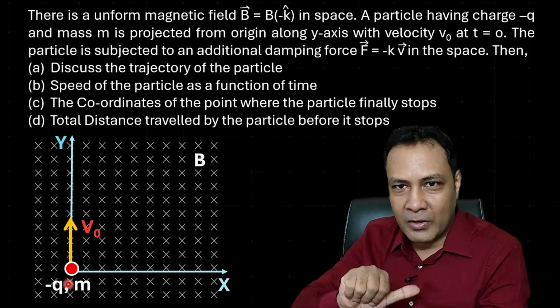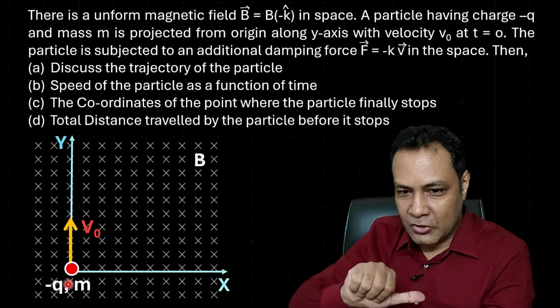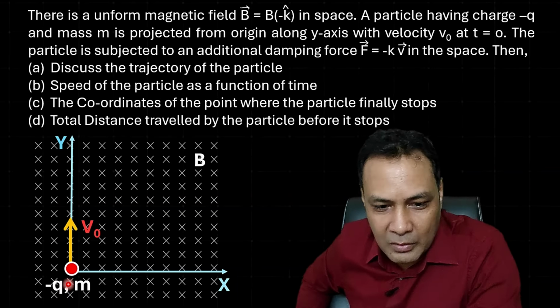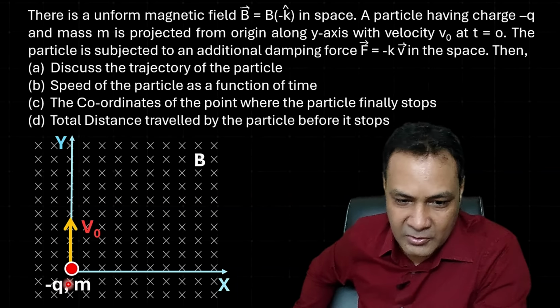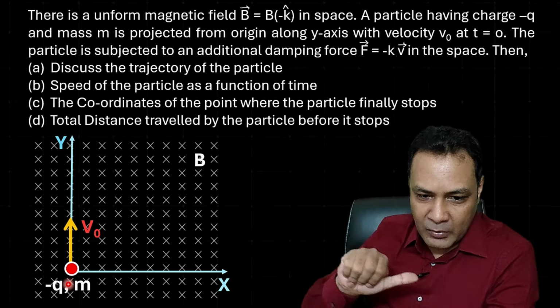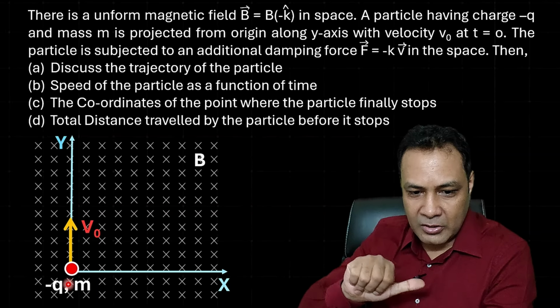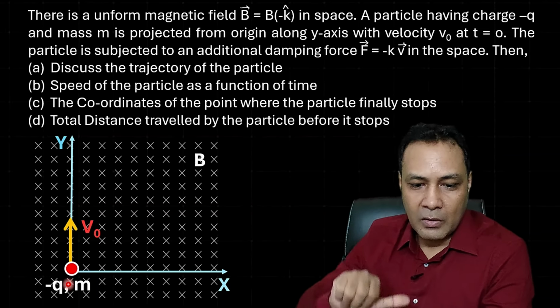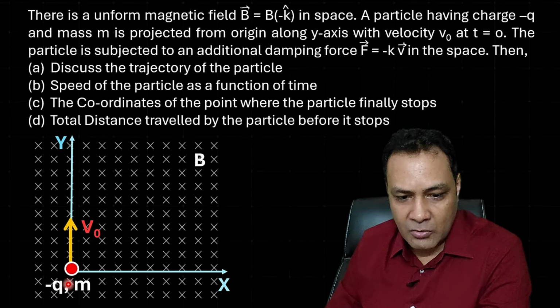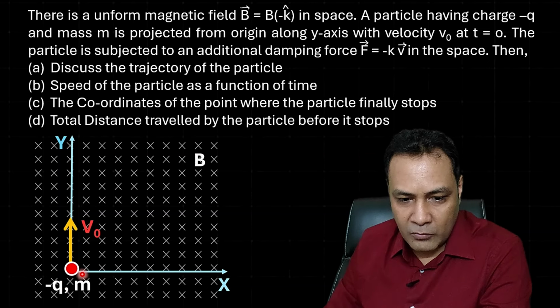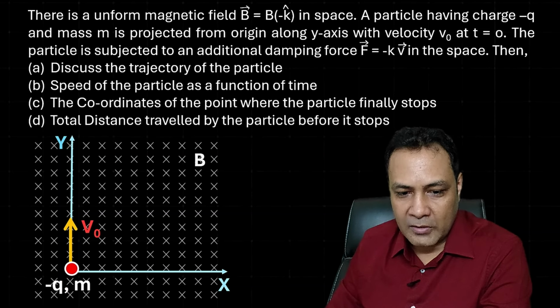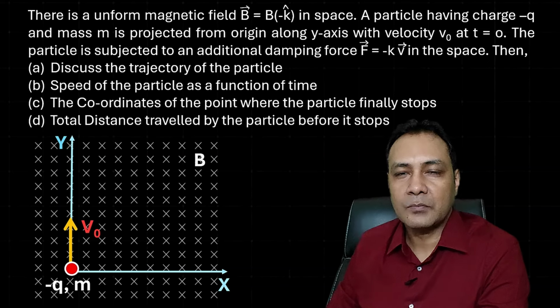Because of the mirror effect, my orientation would come out opposite, so just make the necessary adjustment. So v cross B would be along this direction, and as the charge is negative, q v cross B will be in this direction. The center would be here, so it will move in a circular path.